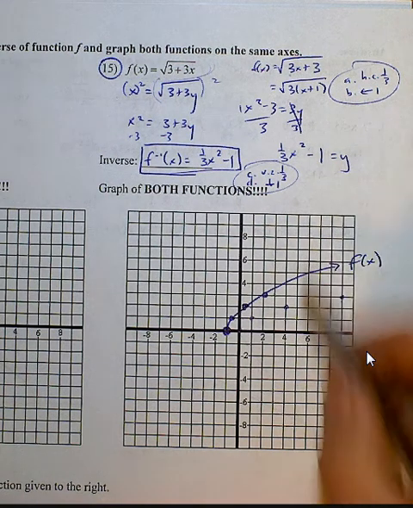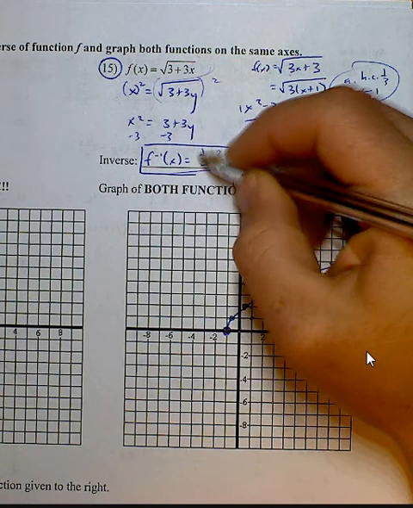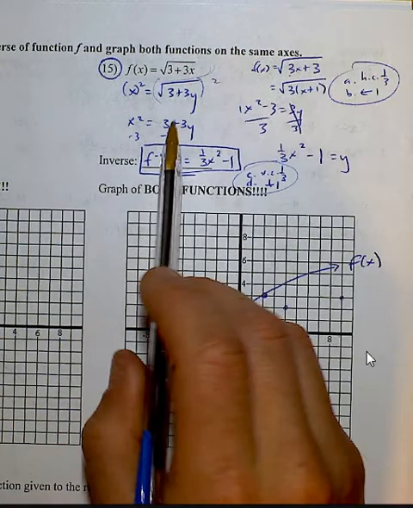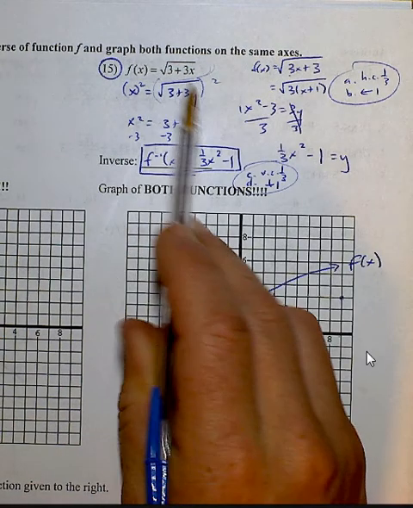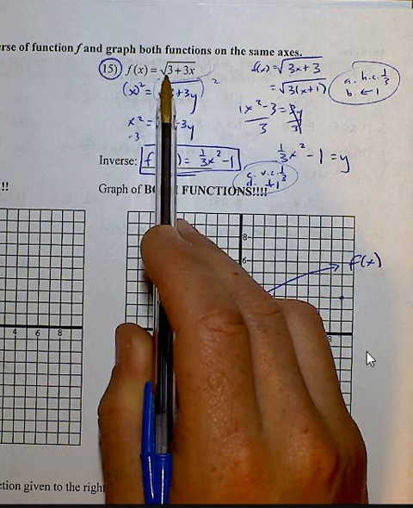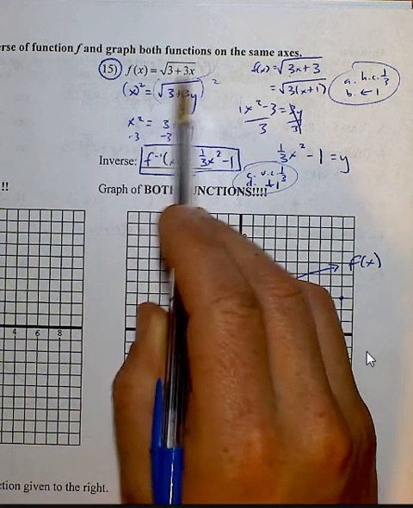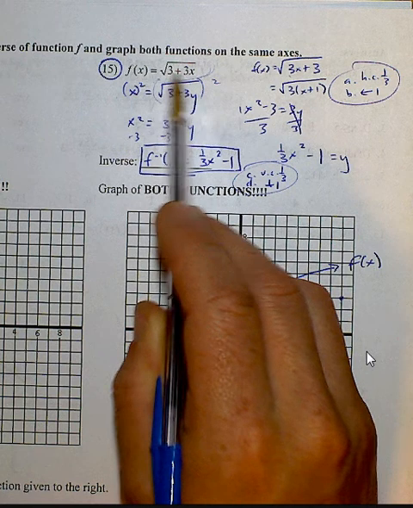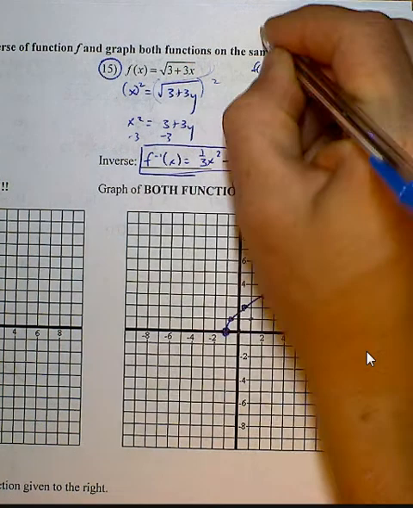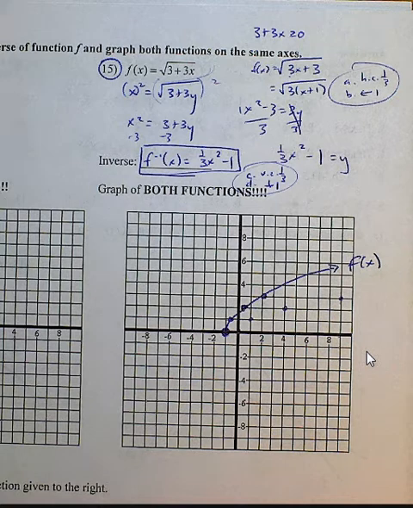Oh, and we actually needed to make sure we only included the domain for this function here. My original function has a domain restriction. When I'm under the square root, I have to be positive to be able to graph on the real number system. So that means that the argument under my square root has to be greater than or equal to 0. So 3 plus 3x has to be bigger than or equal to 0.